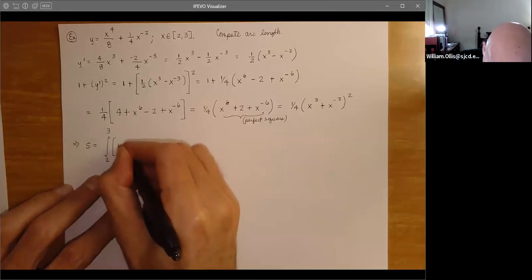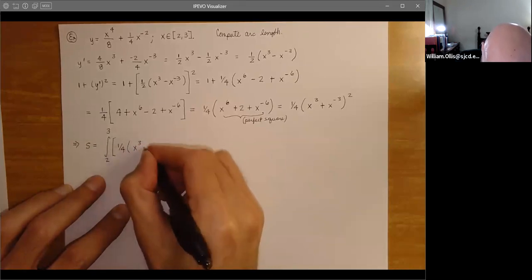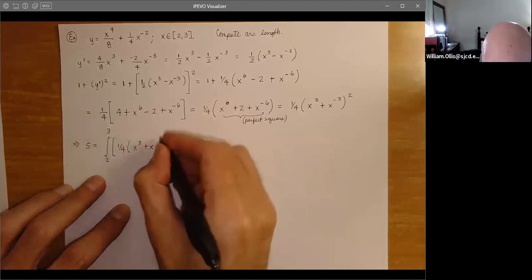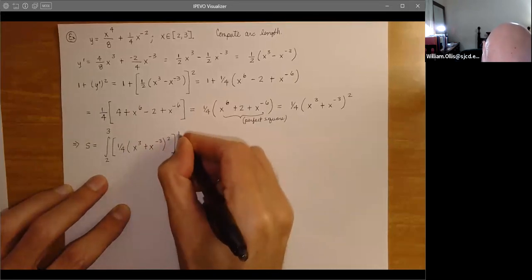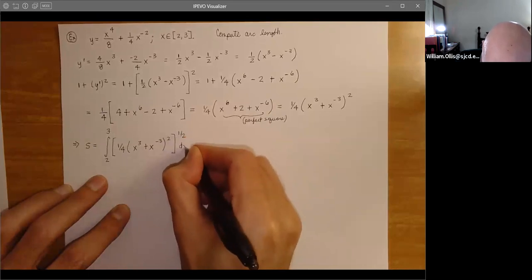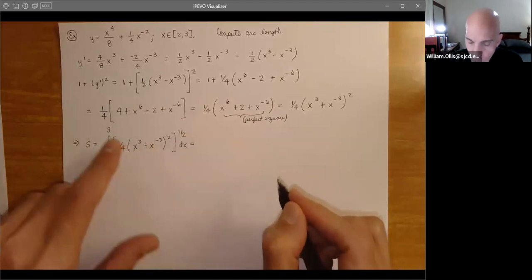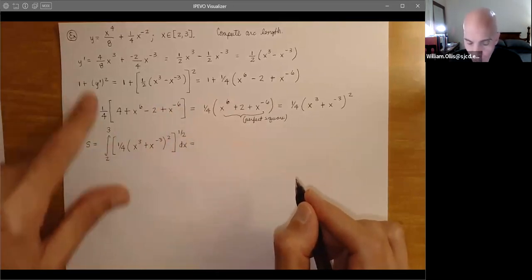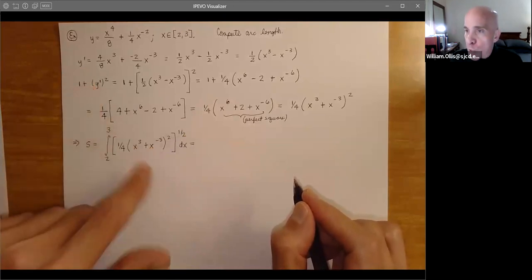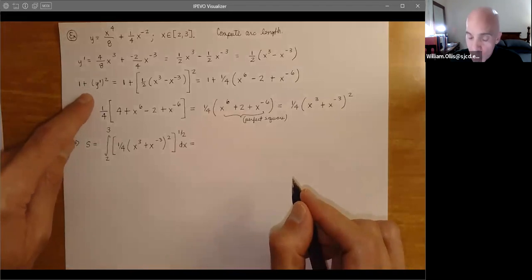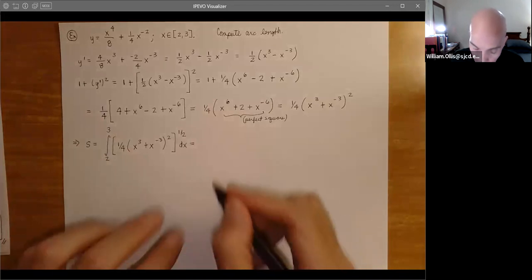I'll use brackets, 1/4 x cubed plus x to the negative 3 squared, to the 1/2, dx. So again, you don't have to go ahead and write 1 plus y prime squared or whatever. We kind of see that that's what we have here. And then of course the formula says we need to take the principal square root of this. And so now we're thinking, okay, we're good to go.